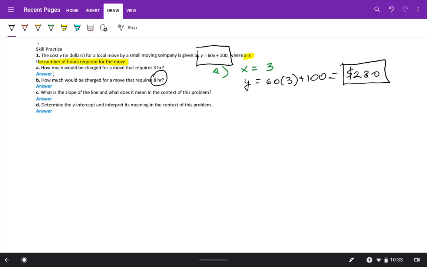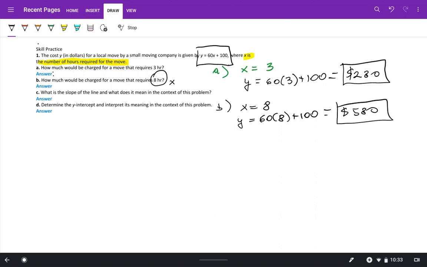So 8 hours represents x. In B, x is equal to 8, and you're going to do the same thing, replacing x in the equation with 8. So y equals 60 times 8 plus 100, and that will give us 580. So for 8 hours, the moving company will charge us 580.